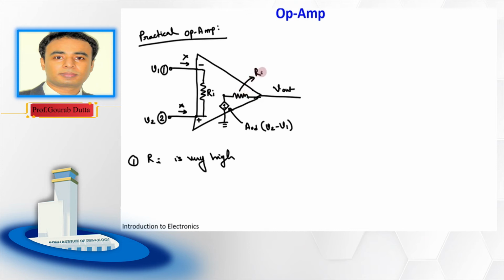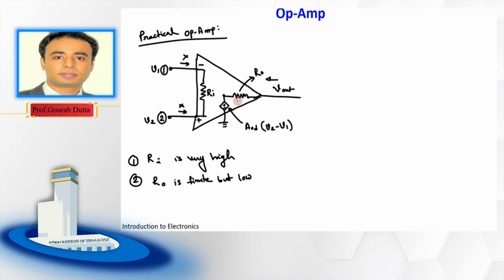So suppose we indicate it by R naught. Then if you look from this output side, you have a finite value of output resistance. This output resistance is not a very high value, it's low only, a small resistance, but it is a finite value.